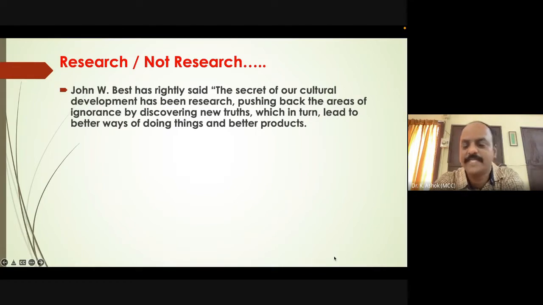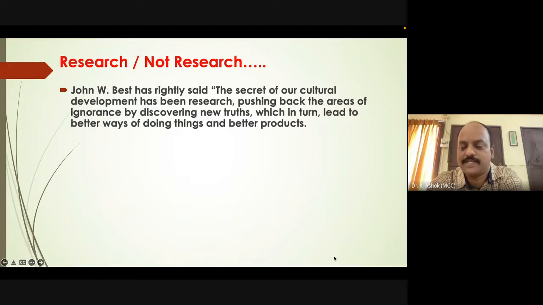The word research itself is self-explanatory in nature. Research is a continuous search again and again until you get a satisfying answer, an answer which is based on evidences. This, we call it as research.